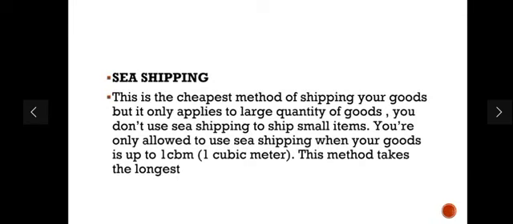So the last method is sea shipping. This is the cheapest method of shipping your goods, but the only thing is that it is usually conducive when you are buying or shipping a large quantity of goods. You don't use sea shipping to ship small items.